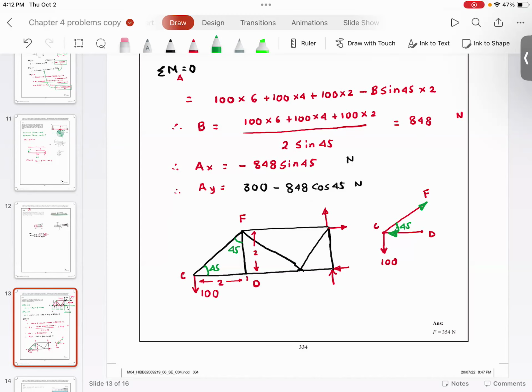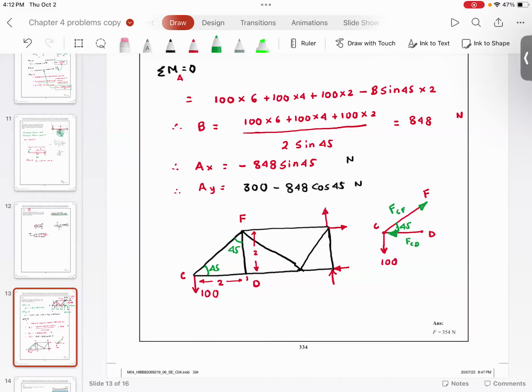So this link, which is at angle 45 degrees, is the only link that can provide vertical force. And since you have this inclined link, it's going to have a horizontal component that would be cancelled by this. So this force is going to be FCF, and this force is going to be FCD.